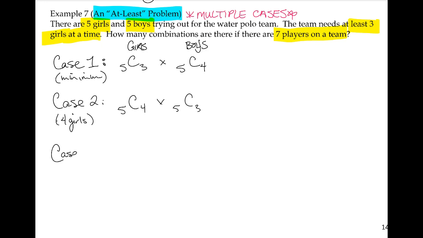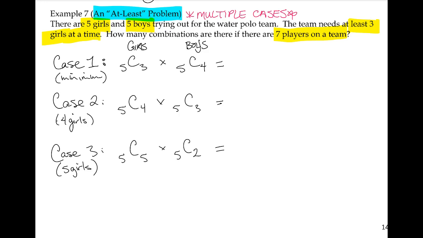And case 3 would be if I choose all 5 girls. Then I only actually have room for 2 boys on the team. So all of these are possible and fulfill my requirements of at least 3 girls at a time.